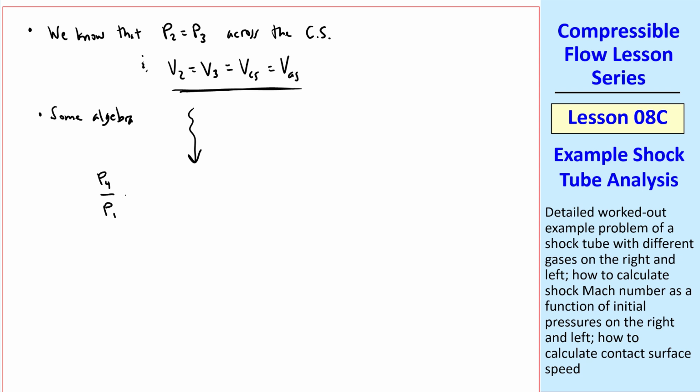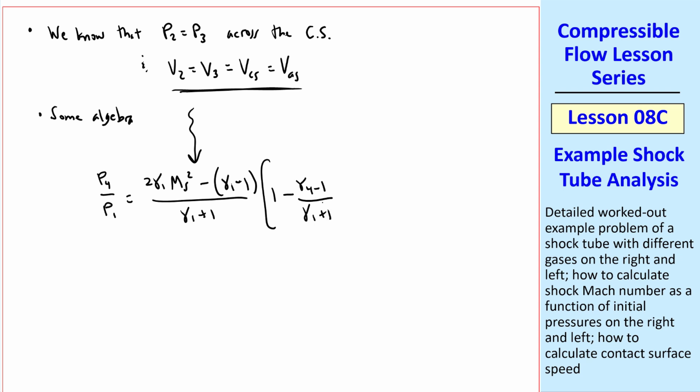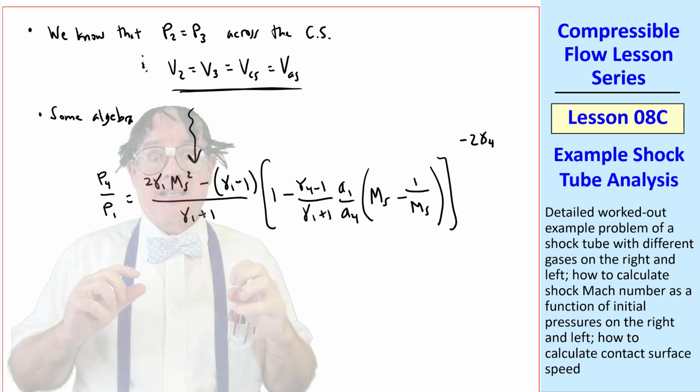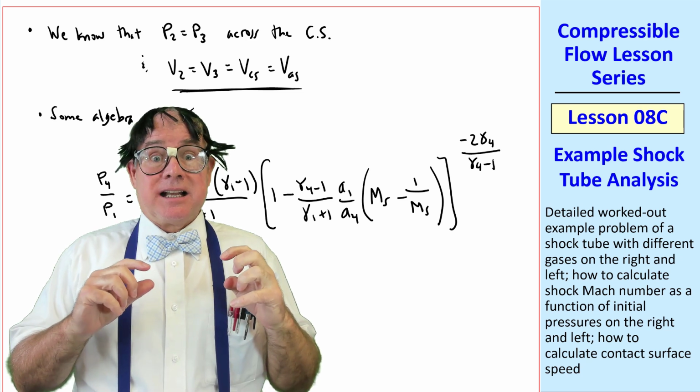P4 over P1 is 2 gamma 1 ms squared minus gamma 1 minus 1 over gamma 1 plus 1, times the quantity 1 minus gamma 4 minus 1 over gamma 1 plus 1, A1 over A4, ms minus 1 over ms, where ms is the shock Mach number for the moving shock, and this whole thing is raised to the minus 2 gamma 4 over gamma 4 minus 1.